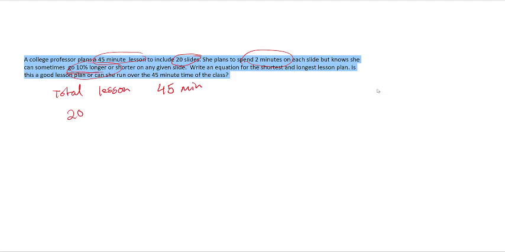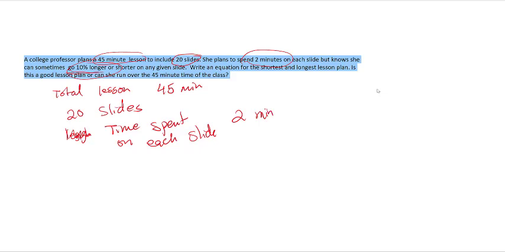We have 20 slides. That's a given. The time spent on each slide is 2 minutes, but we can go 2 minutes plus 10% or 2 minutes minus 10%, right? So we can go either way.